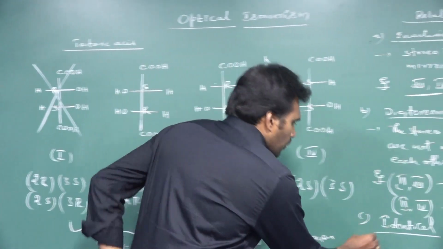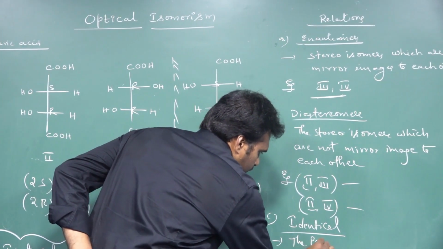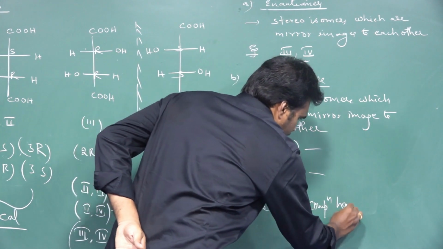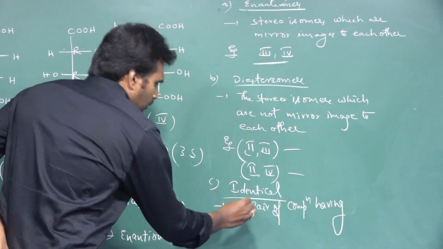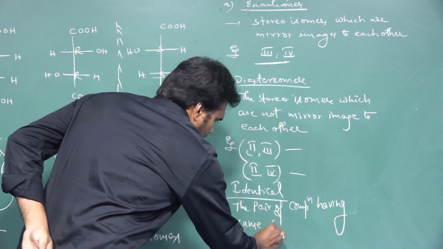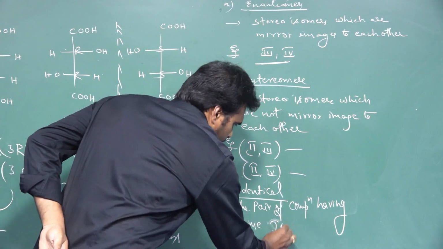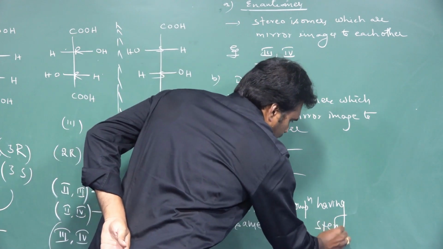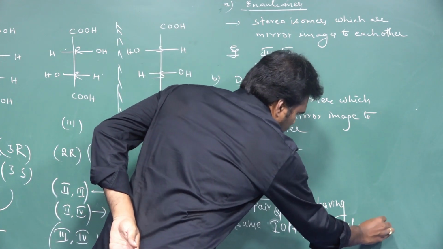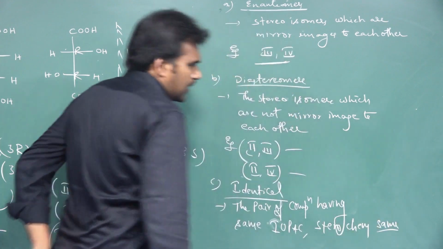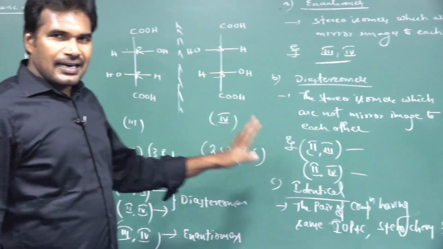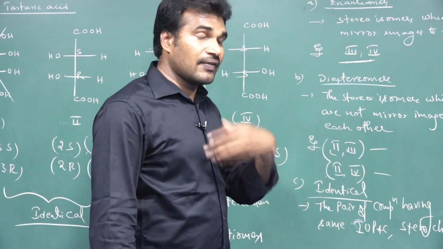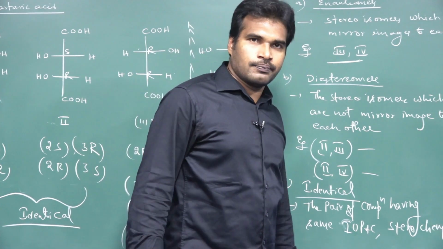So the pair of compounds having the same structure or the same IUPAC name, and also the same stereochemistry, that pair of isomers we call identical isomers. Identical isomers show almost the same physical properties and their optical activity is also the same.